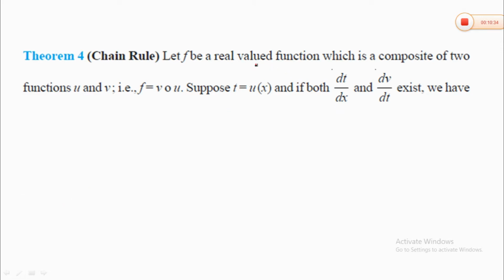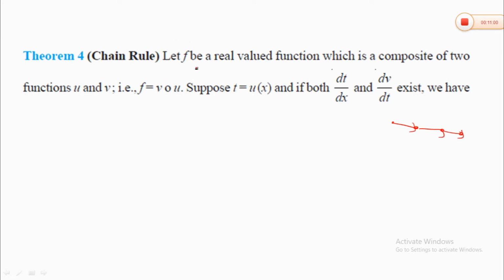Chain rule is nothing but differentiating the functions from left to right or right to left. Generally the hierarchy is left to right: first function, after that this one, after this one, like this. In this way we have to differentiate the function.